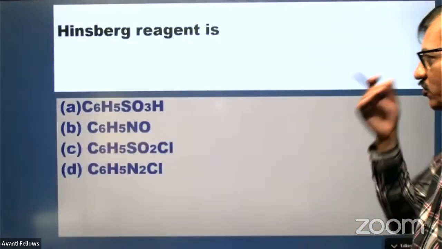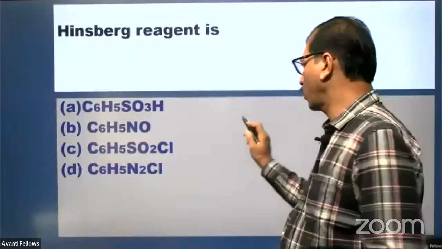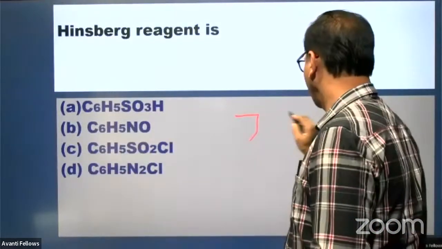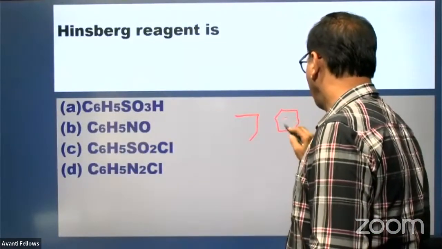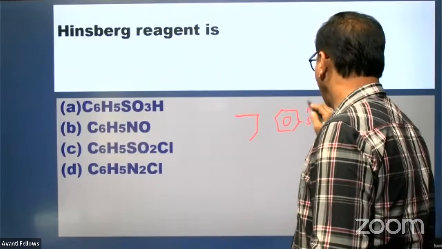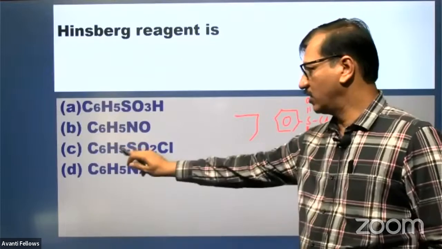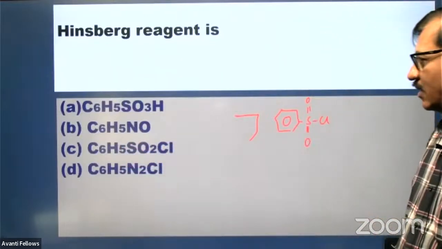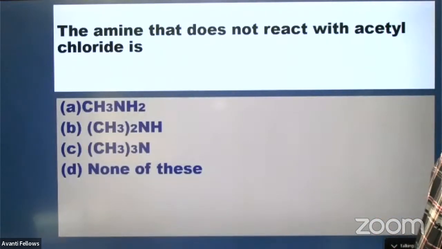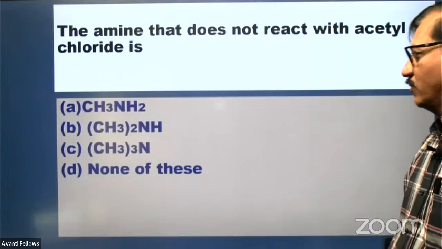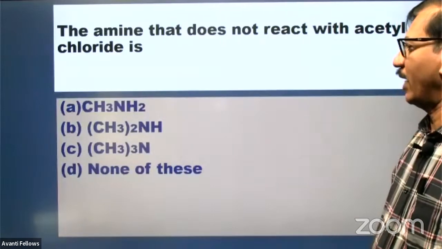Hinsberg reagent is C, benzene sulfonyl chloride. C6H5SO2Cl is the structure of it. The amine that does not react with acetyl chloride.